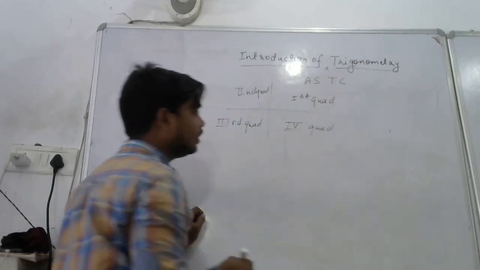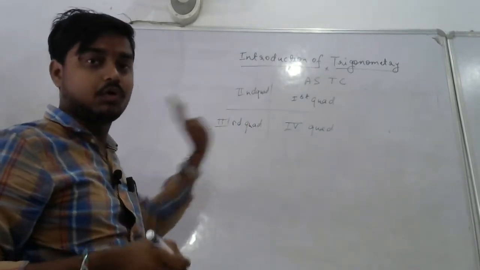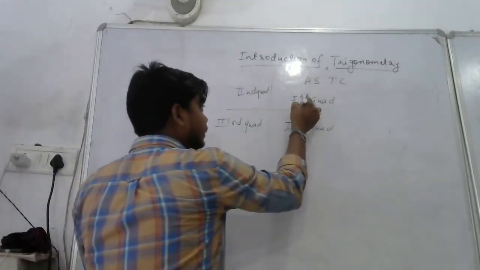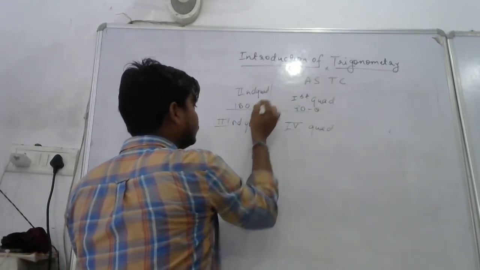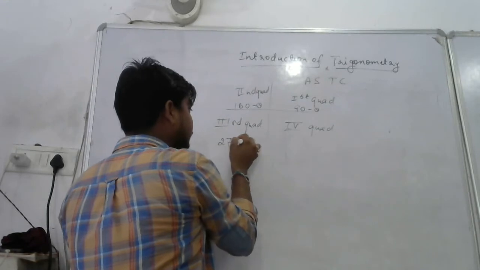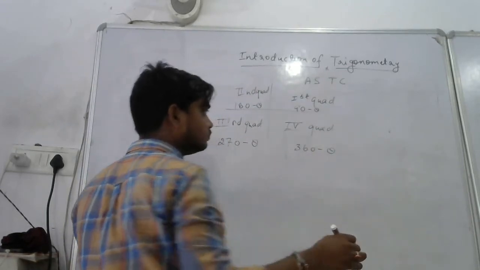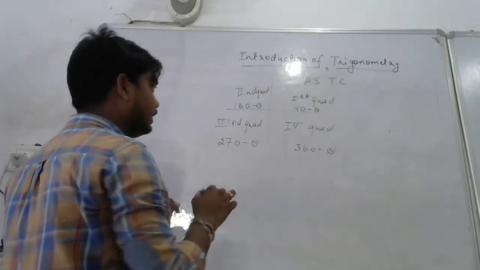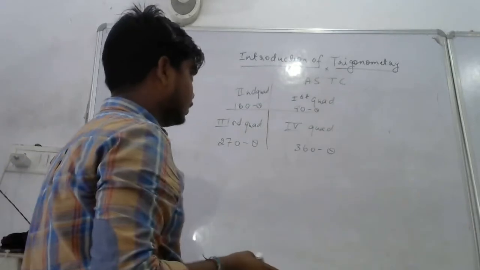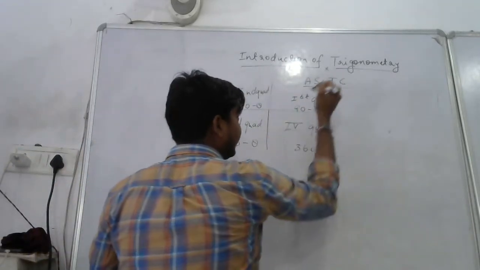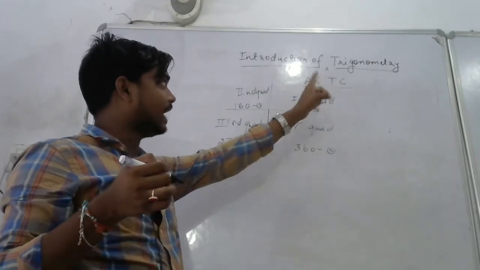If we write all the trigonometric ratios in these four quadrants, we can easily write 90 minus theta, 180 minus theta, 270 minus theta and 360 minus theta in terms of the angle. ASTC means all, sine, tan and cos.